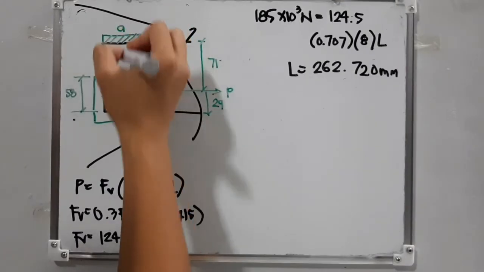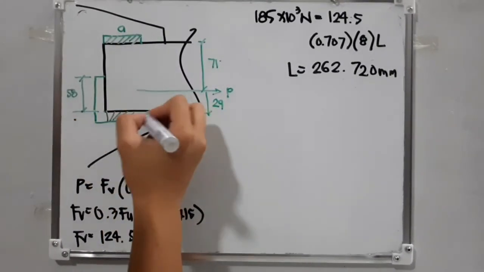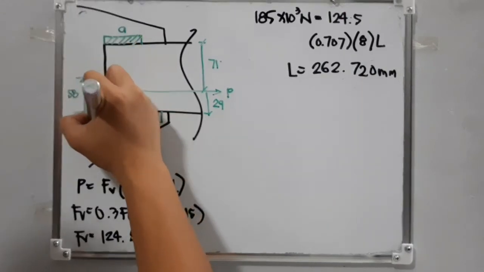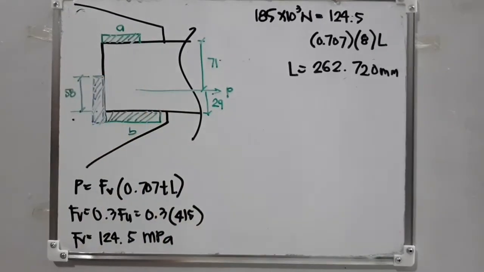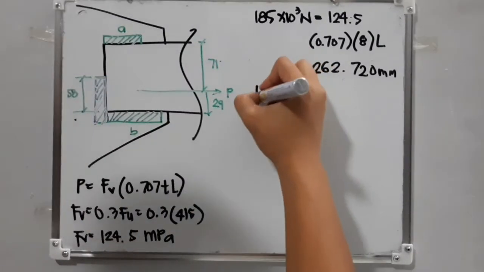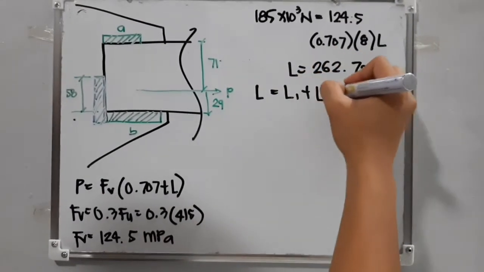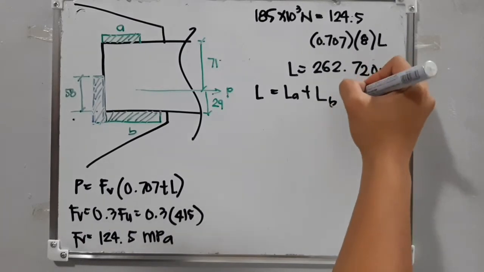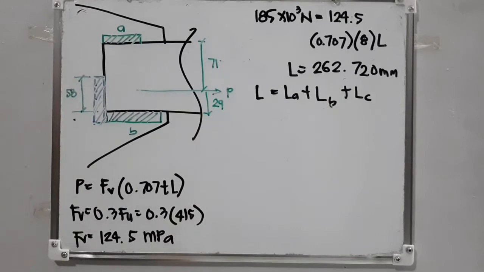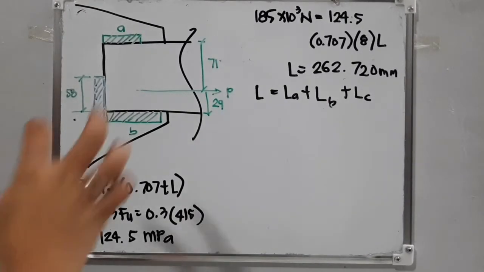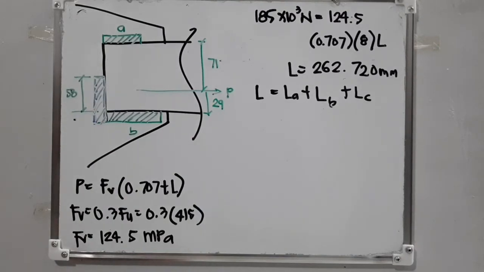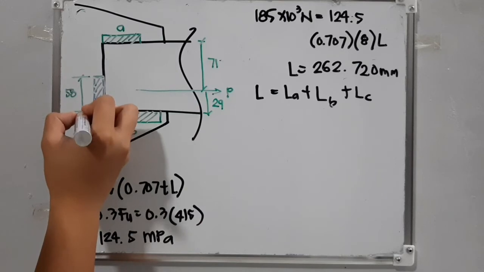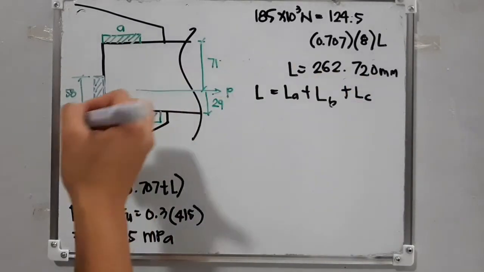That is your A. We also have your B, and this is your C. So your total length is equal to L1 plus L2, or this is LA, LB and LC. LA and LB are unknown to us, but we are given the length of C. However, the length of C given to us is from the end of the weld to the end of the plate. We are missing another end of plate, which is equal to 8 millimeters.